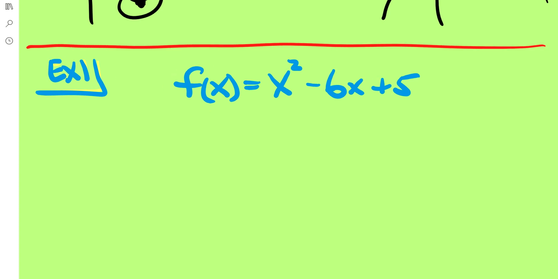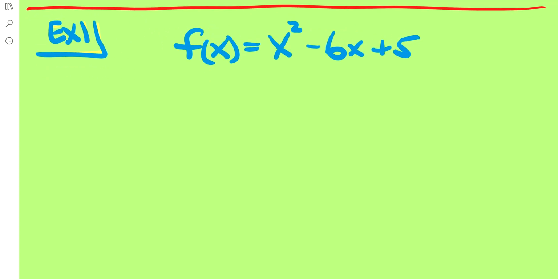Let's say we start with the vertex, then the x-intercept, then the y-intercept.